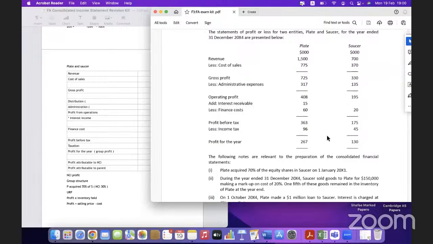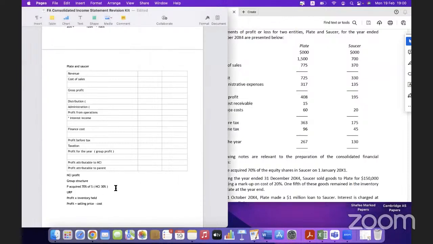Now, this question is not like that. The company bought this subsidiary in 20X1, several years ago. Because they bought the company several years ago, this will become a full year subsidiary. So always remember, when they buy the company at the start of the financial year, or for example several years ago, it will always be a full year subsidiary.